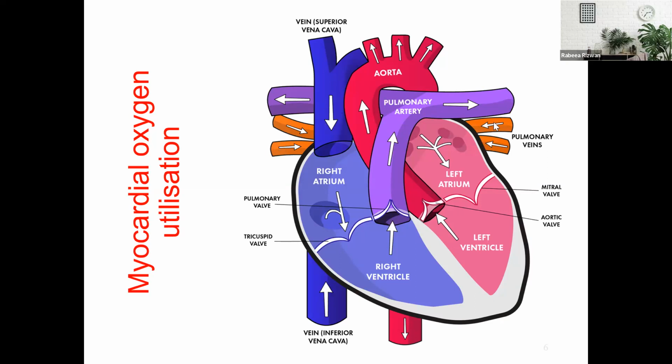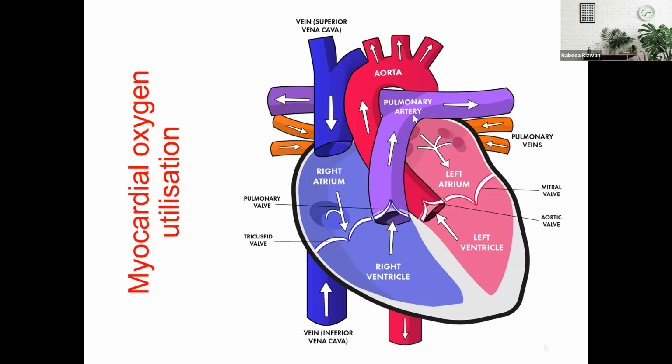So what are the functions of these veins and arteries? The pulmonary artery carries blood from the heart to the lungs. But here it is the opposite.